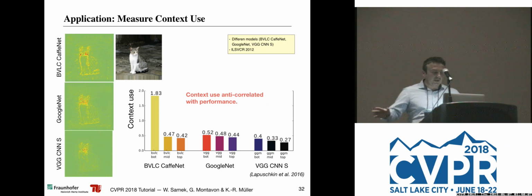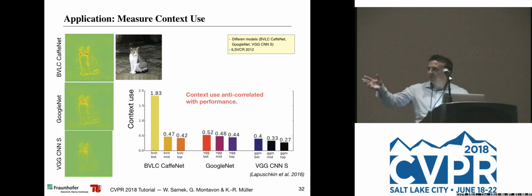On the y-axis there is context use, and you see that the performance is anti-correlated with the context use, which means that if the model puts a lot of relevance in the context, it usually gets worse performance for this class. Also, if you compare across the models, you see that the CaffeNet reference model has the worst performance among these three architectures, and it also uses much more context, at least for the classes with bad performance.